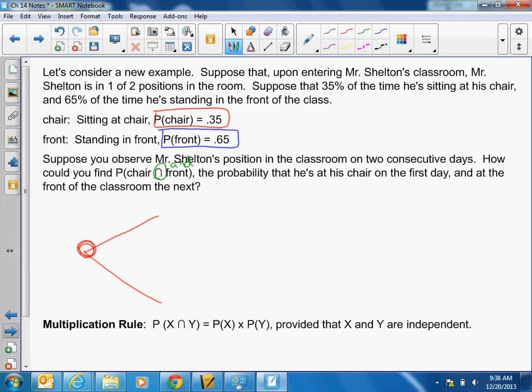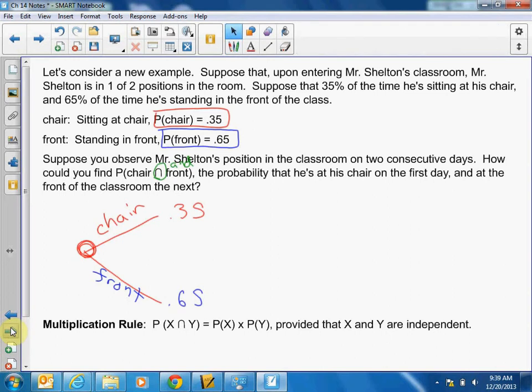I am either at my chair or I am at the front. Okay? And we said that the probability of me being at the chair was 0.35. The probability of me being at the front was 0.65 on that first day.